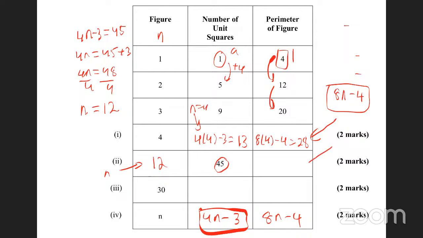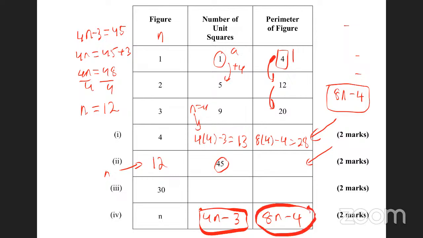How will we figure out the last one here? Jacob? How will we figure out the next column there? So we already know n. You've got to do the reverse again. We already know n, right? So you're going to use this formula.